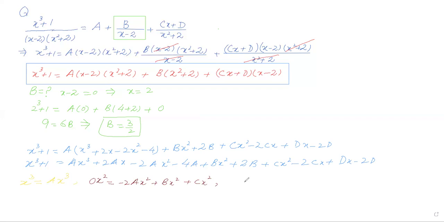You have to write the terms of x, 0x on the left-hand side, 2ax, then minus 2cx and plus dx. The last one is the constant term, 1 on that side, that becomes minus 4a, then you have 2b, and then you have minus 2d.